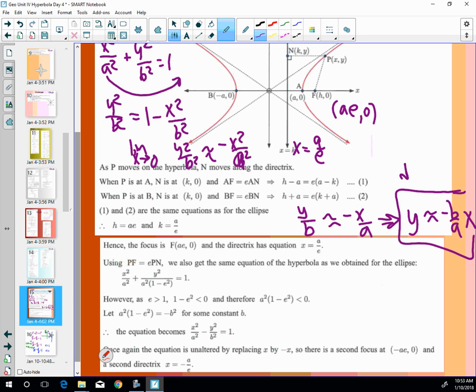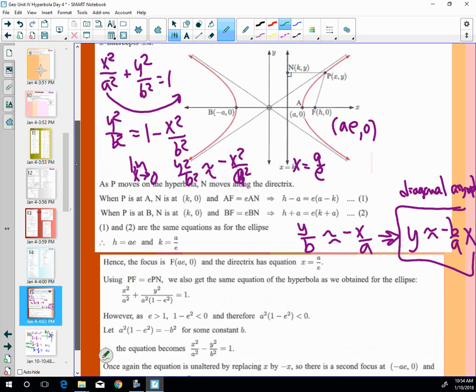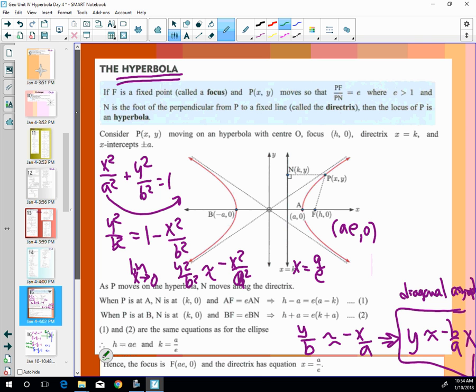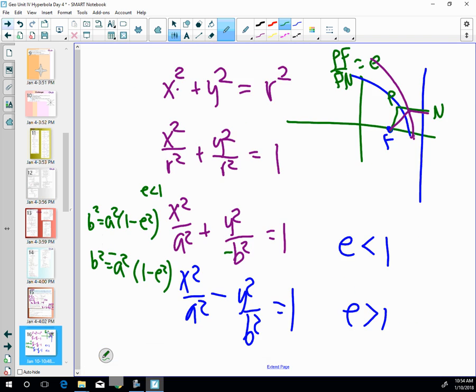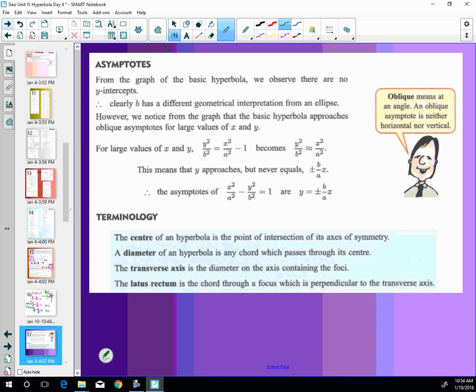This is what we call a diagonal asymptote, or more accurately, they call them oblique asymptotes.